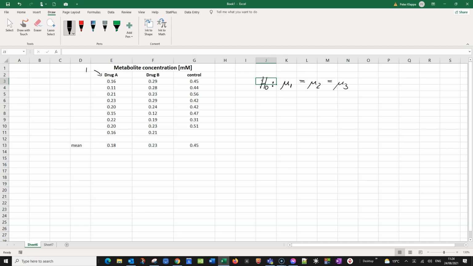And any differences that we see here in our samples is simply due to sampling error, but not to the effect of the drug compared to the control.